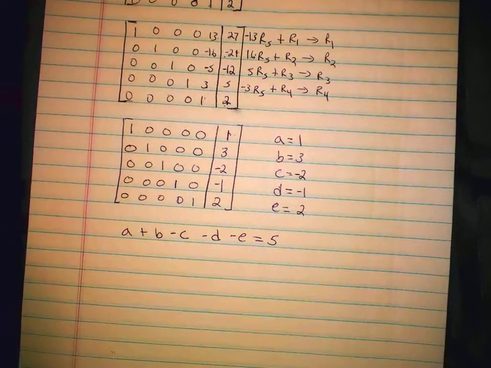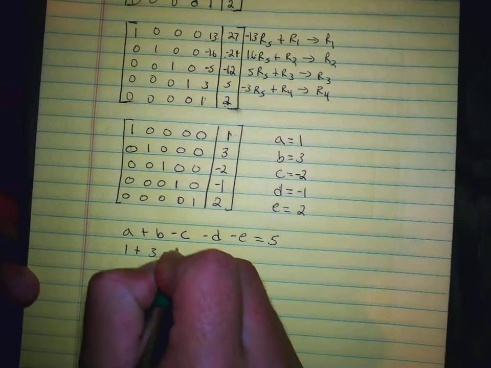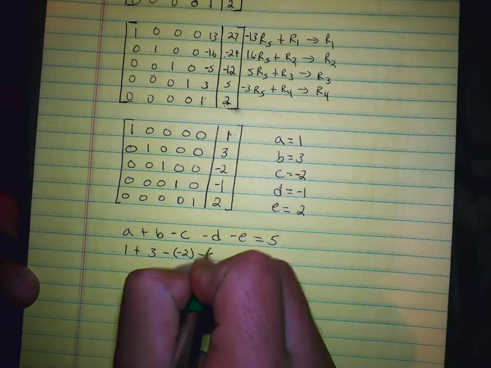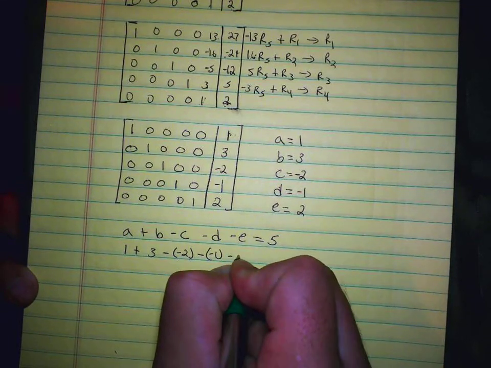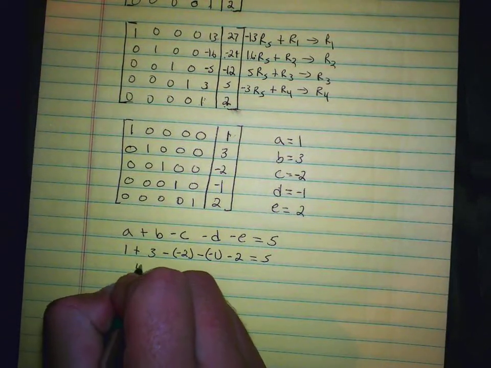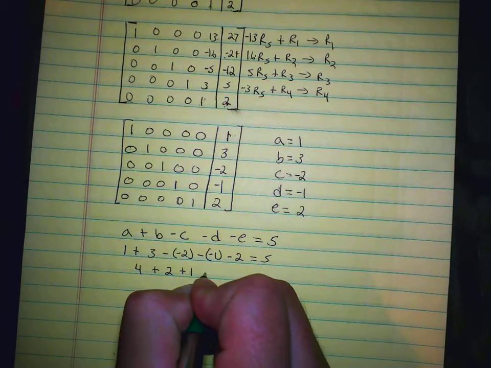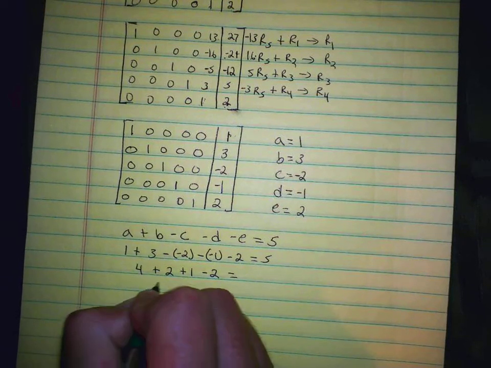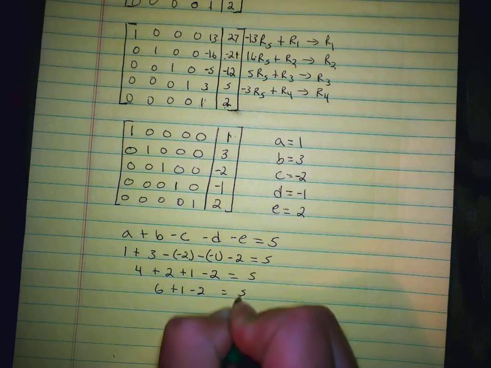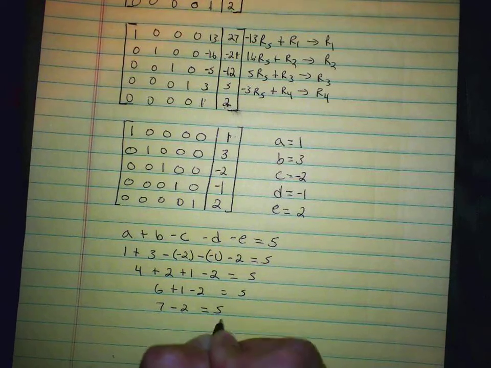Let's come back in and plug in our numbers. So 1 plus 3 minus negative 2 minus negative 1 minus 2 equals 5. Okay, 1 plus 3 is 4 plus 2 plus 1 minus 2. 6 plus 1 minus 2. 7 minus 2 equals 5.